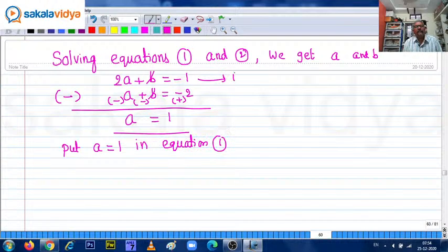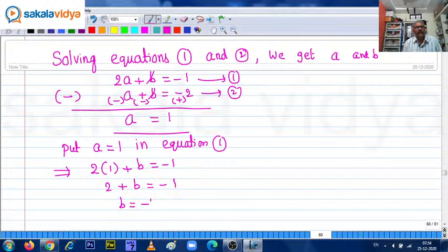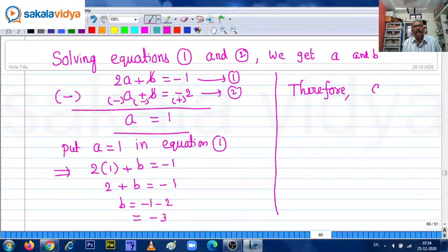So that implies 2 times 1 plus b equals to negative 1. 2 plus b equals to negative 1. b equals to negative 1 minus 2, this is negative 3. Therefore a equals to 1 and b equals to negative 3. This is the answer.